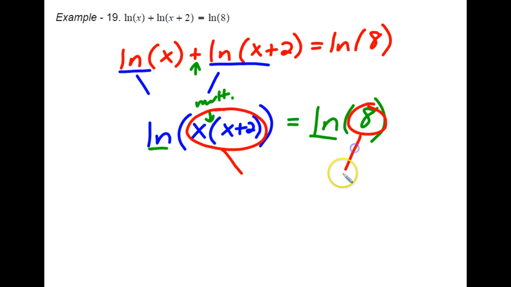The only way this equation can be true is if the thing inside the logarithm on the left-hand side, x times x plus 2, is equal to the thing inside the logarithm on the right-hand side. This shortcut only works if you have 2 logarithms that are equal to each other and they have the same base. The base in both cases is Euler's number, log base e. So we set these 2 arguments equal to each other.